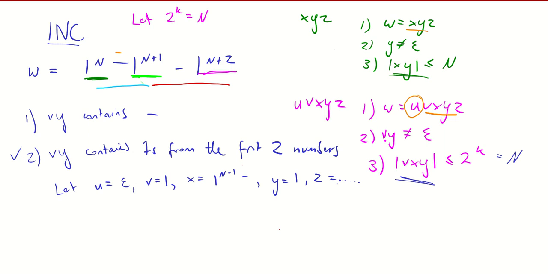It's far, far, far too specific, because you have only demonstrated one way to break your word up into u, v, x, y, z when you give this case. And remember, there are actually an uncountable number of ways that we need to break our word up, because we don't know what our n could be equal to. So you do not want to go about defining your cases with this level of specificity, because you will fail to demonstrate that you've considered all ways to break your word up into u, v, x, y, z if you go about it this way.